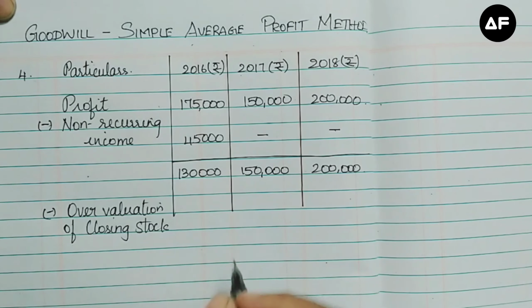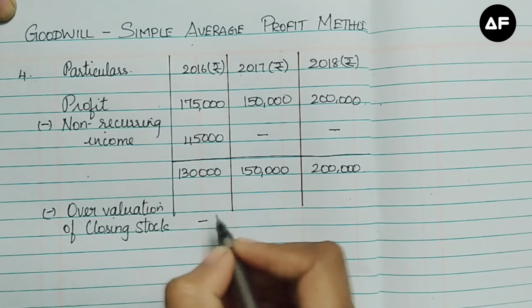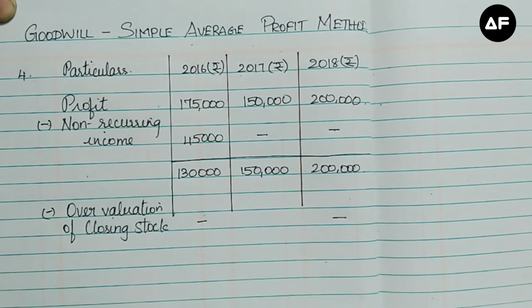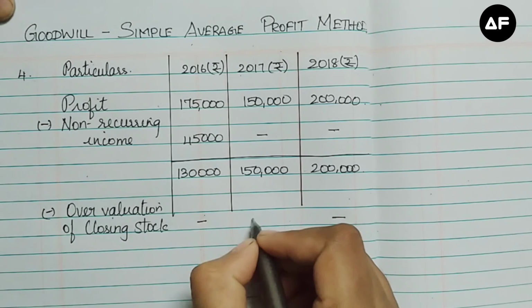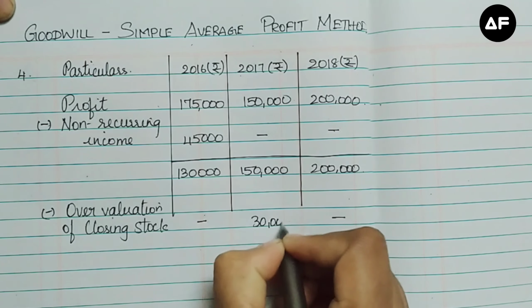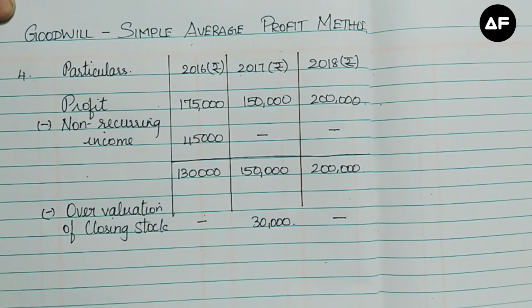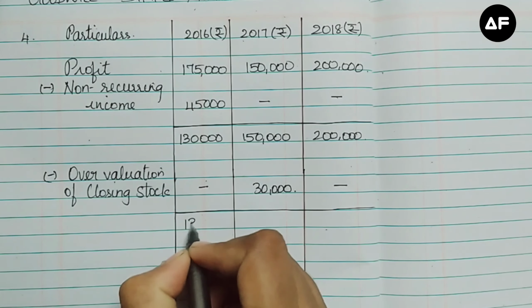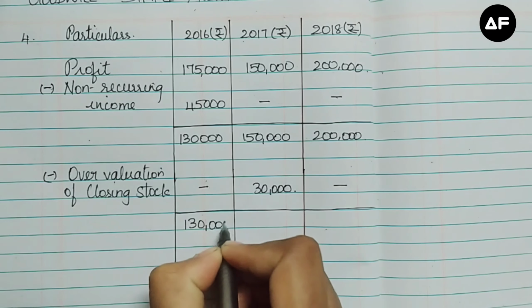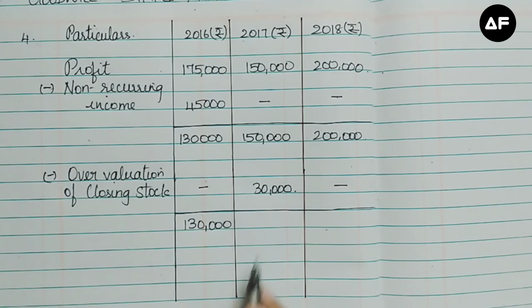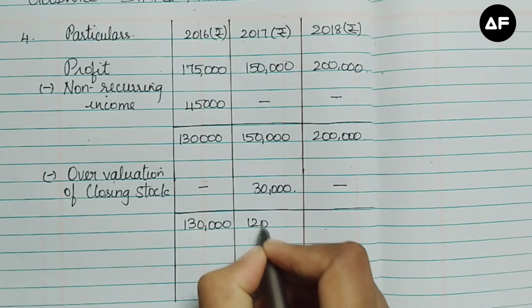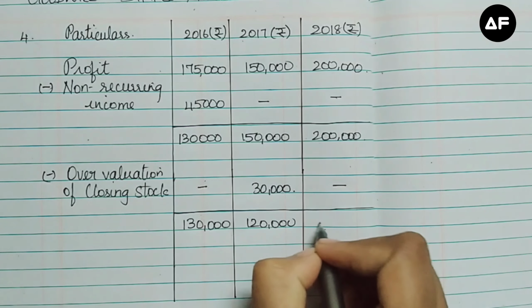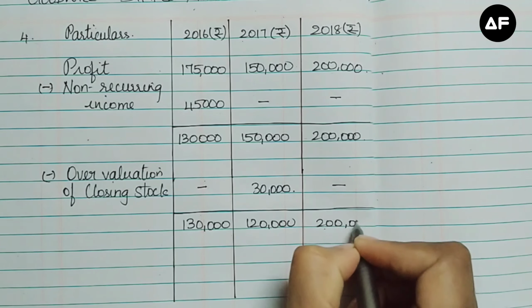This happens in the year 2017, so 2016 and 18 are going to be a dash. So 30,000 is being overvalued in the year 2017. When I subtract it, bring down the 1,30,000 for 2016. Here 1,50,000 minus 30,000 is going to be 1,20,000, and the 2 lakhs comes as it is.